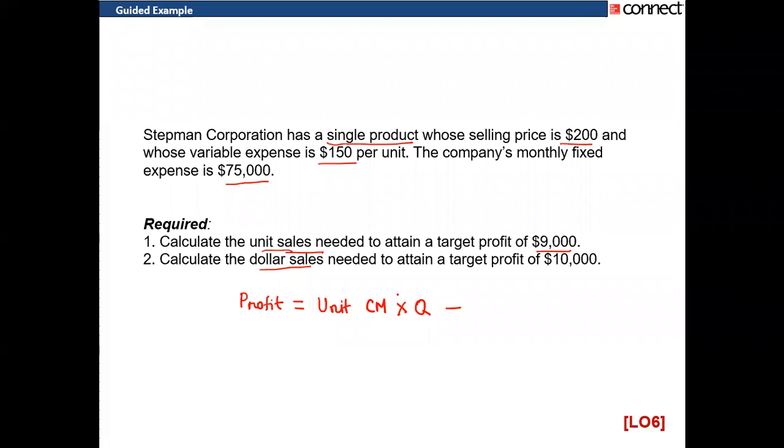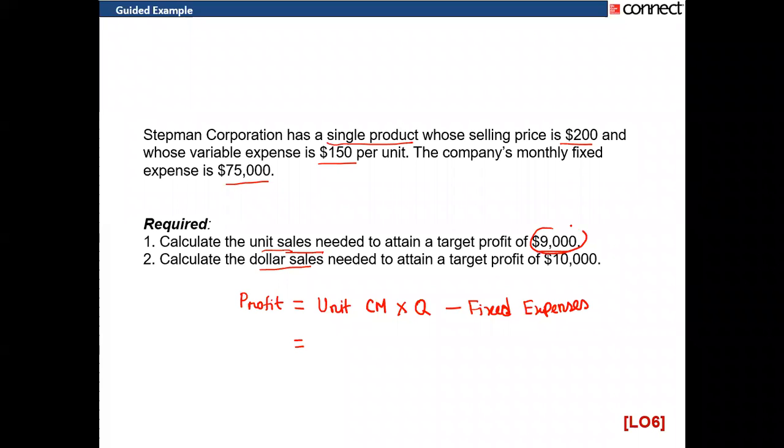It indicates the amount of total contribution margin we have for covering the fixed expenses. If we have contribution margin which exceeds the fixed expenses, we understand that there will be some profit. Otherwise, the profit will not be there.